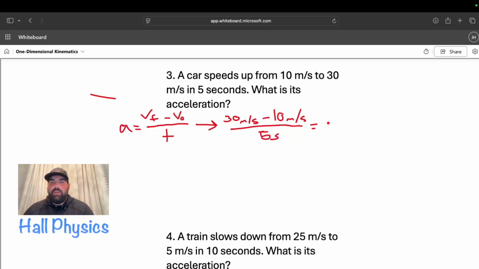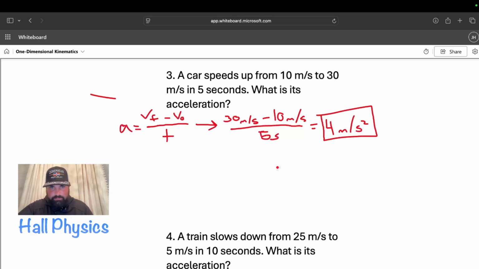How quickly did I change velocities? That is what we're looking for here. So 30 minus 10 is 20, and 20 divided by 5 gives us 4 meters per second squared. Since our acceleration value is positive, this means the object, in this case a car, is speeding up in the positive direction, so either right or up, depending on our coordinate system. That's our final answer there.